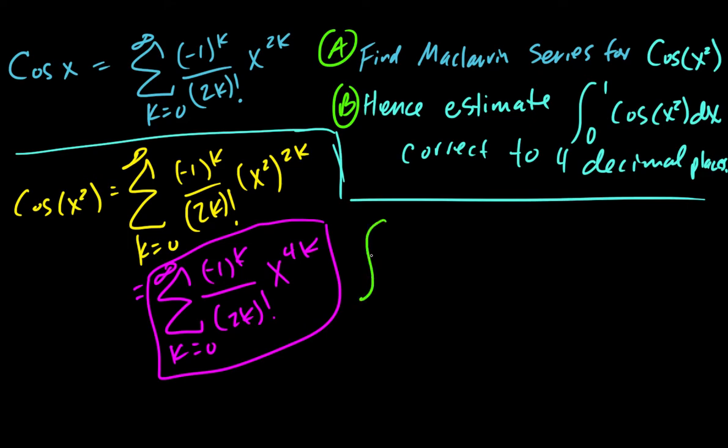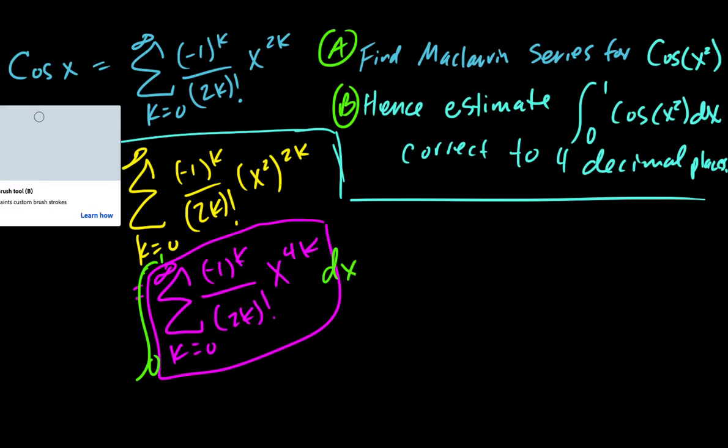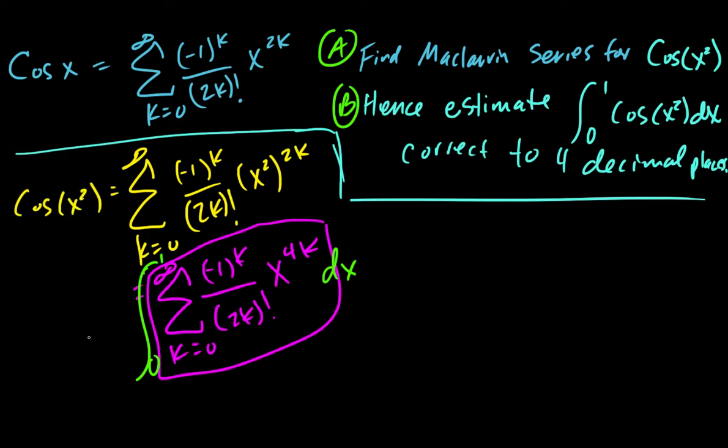And so we're just going to put in integral from 0 to 1 and put a dx right there. Okay, and when we do that, all of this is just a constant, so it can come out front, and so we're going to rewrite that.